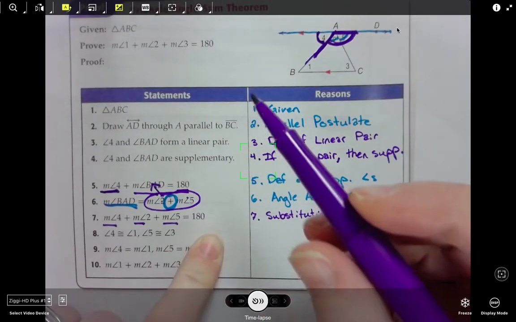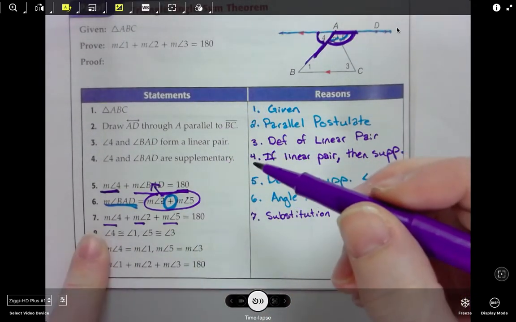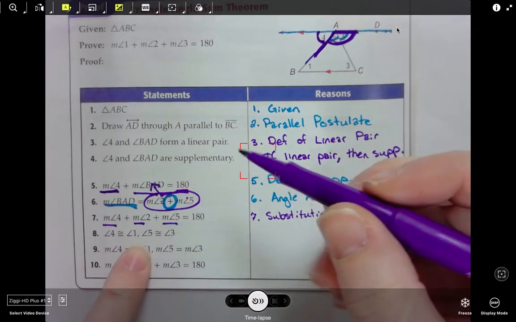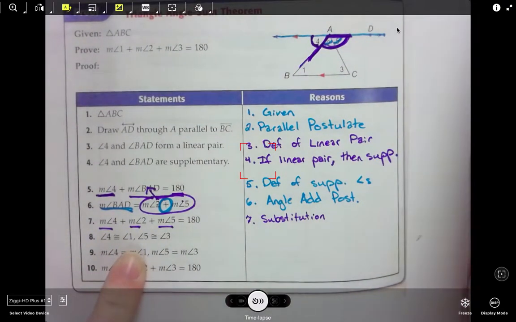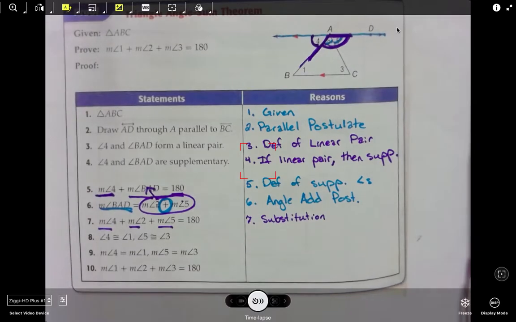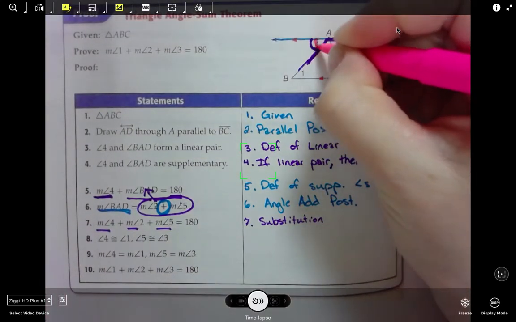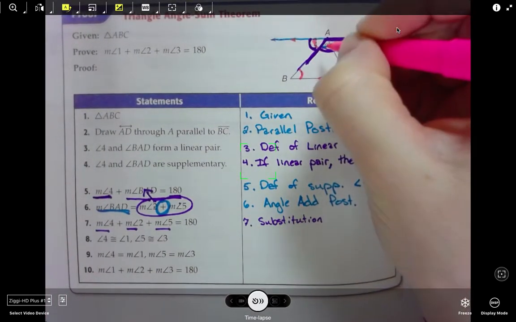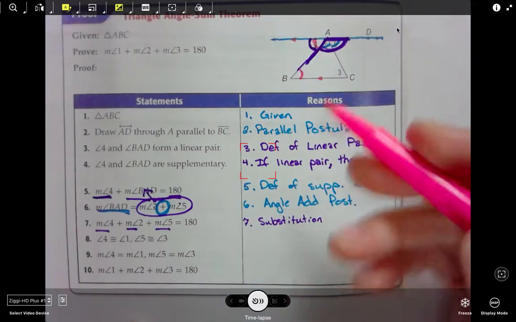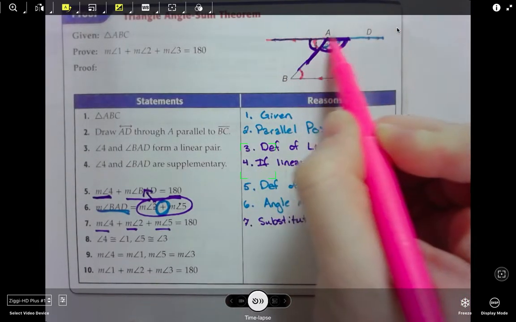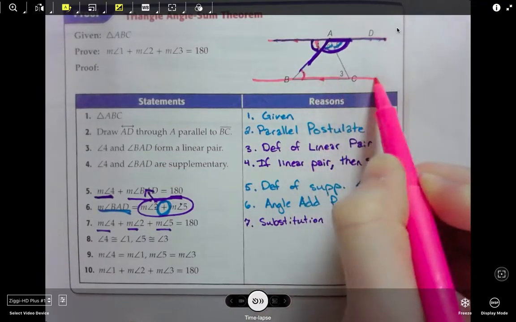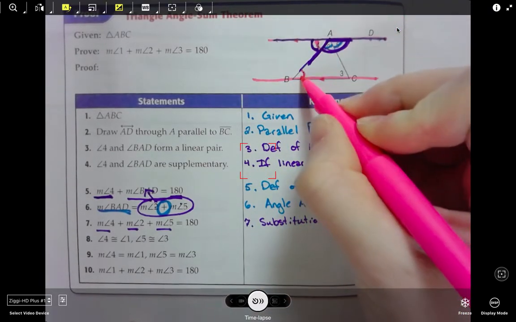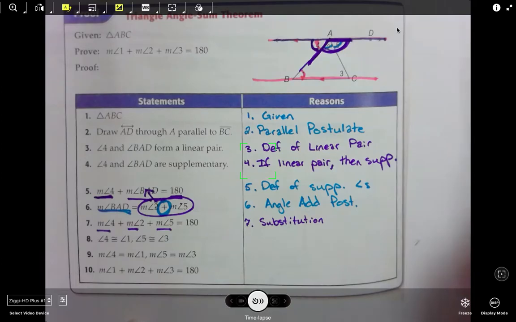Then they're saying that angle 4 is congruent to angle 1. Let's locate, I'm going to use a pink color now. Angle 4 is congruent to angle 1. How can we say that 4 and 1 are the same size? Well, if you remember, this line here is parallel to this line here. So angle 4 and angle 1 are alternate interior angles, okay?